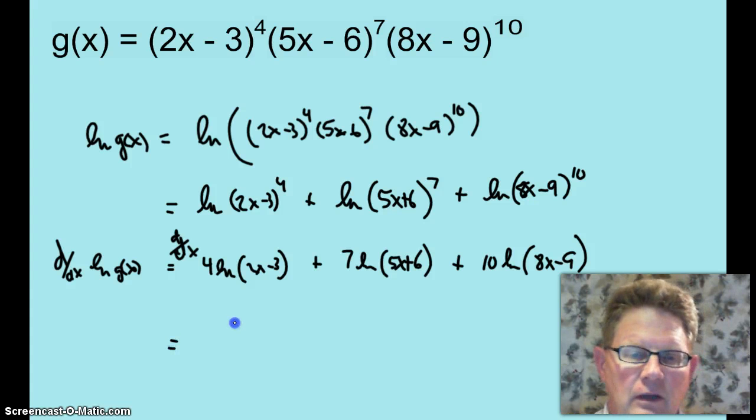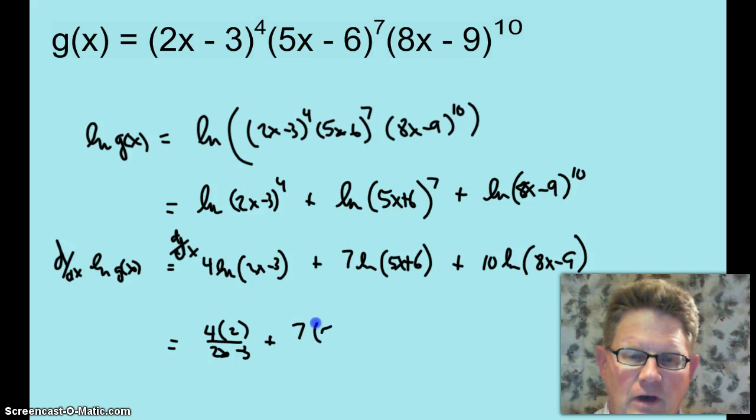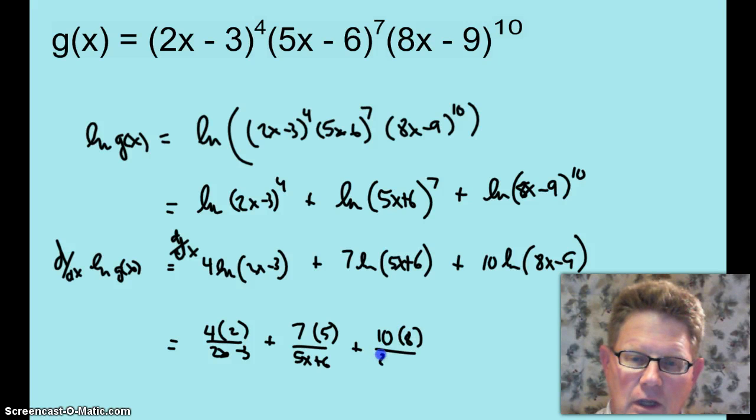And that is going to equal 4 times the derivative, 2 over 2x minus 3, plus 7 times 5 over 5x plus 6, plus 10 times 8 all over 8x minus 9. Okay, there's the derivative of the logarithm.